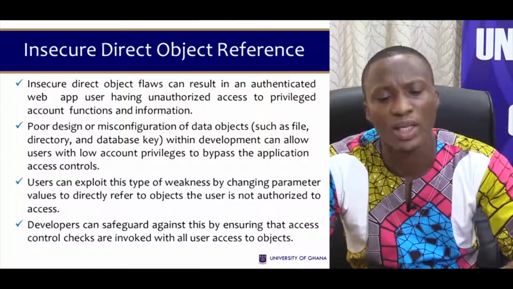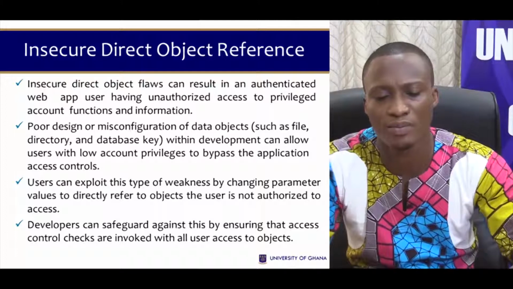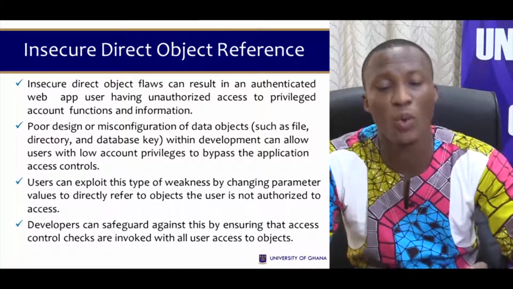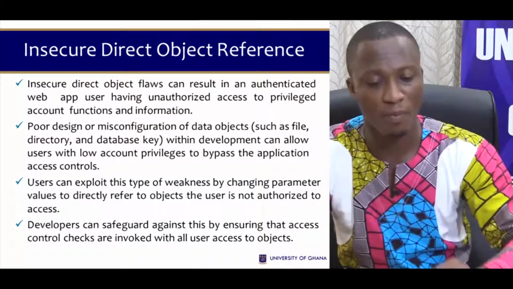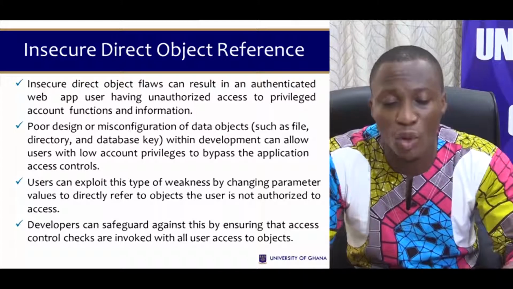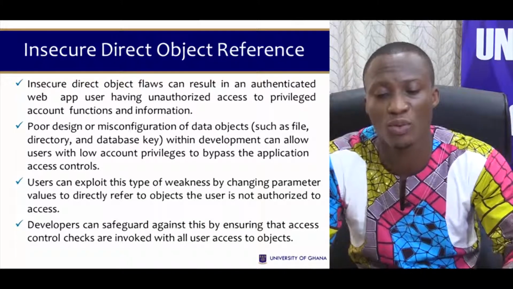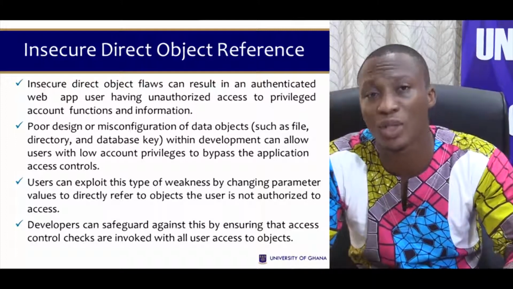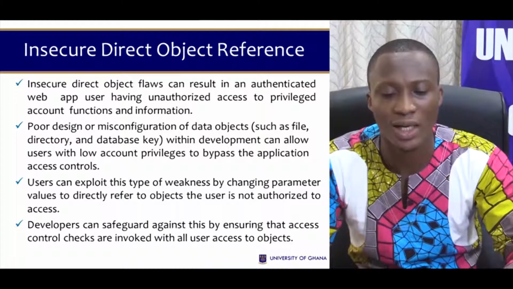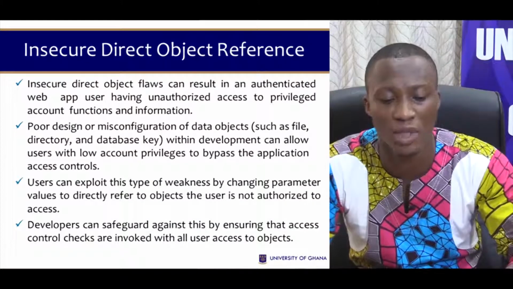Now, insecure direct object flaws result in an authenticated web application user having unauthorized access. So one may not have access to a site, but gets the opportunity to attack that site. So we are looking at access to privileged account functions and information.